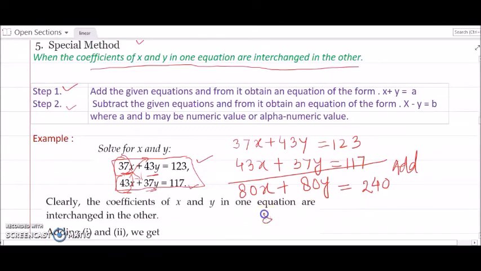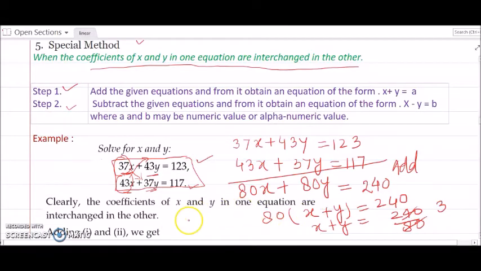You take 80 common and get x plus y, and x plus y is equal to 240 upon 80, which is 3. So you get one equation, x plus y is equal to 3. So this is the first step, right?